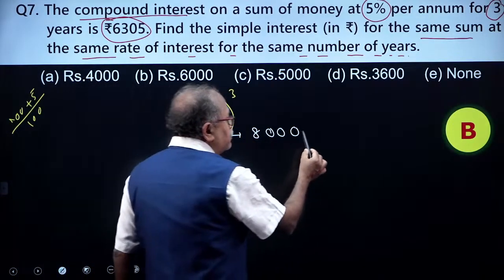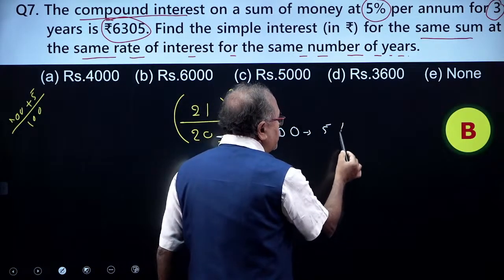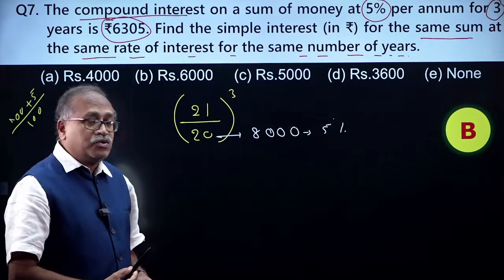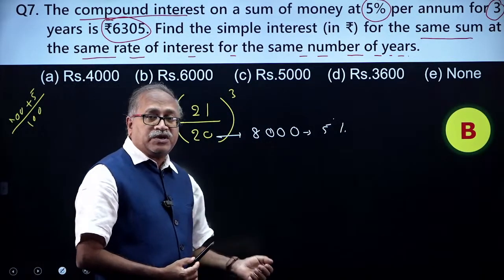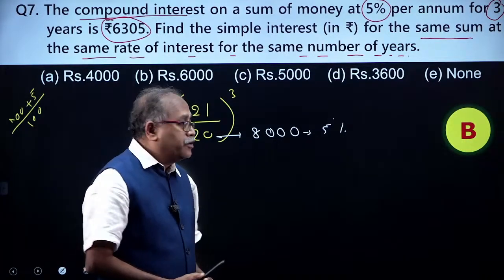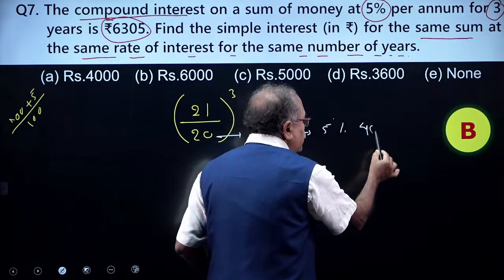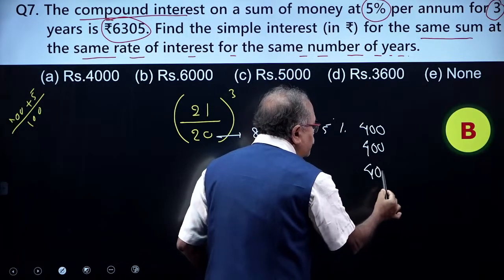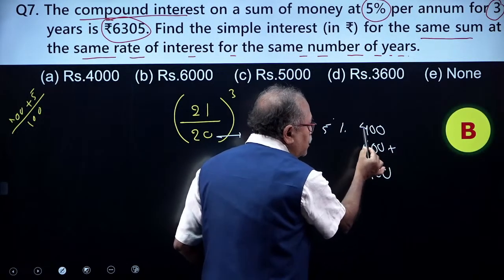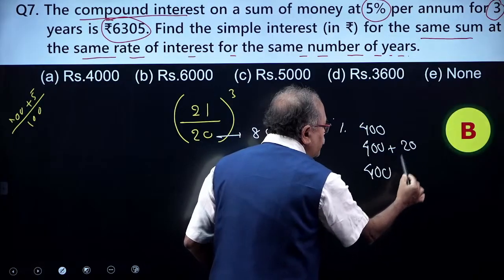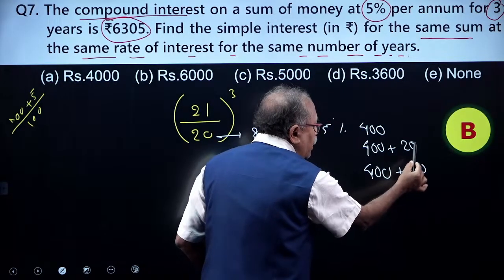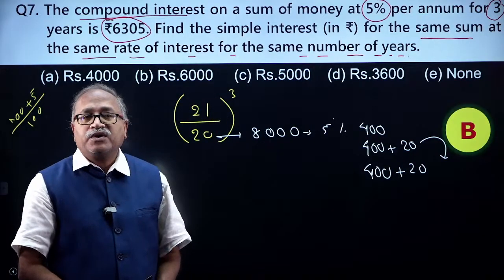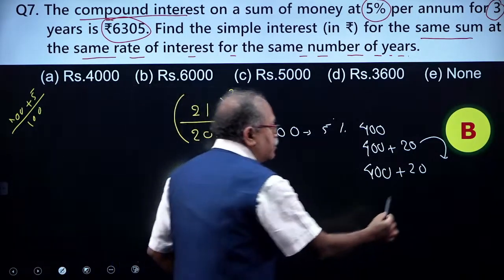On this I will find out the simple interest, which will be very easy for me to calculate on 8,000 at 5%, which is nothing but 400. So, first year 400, second year 400, third year 400, and interest on interest: here it is 5%, that is 20, here it is 20, and I need to pay this interest over here, and that is 420, as 5% is 21.